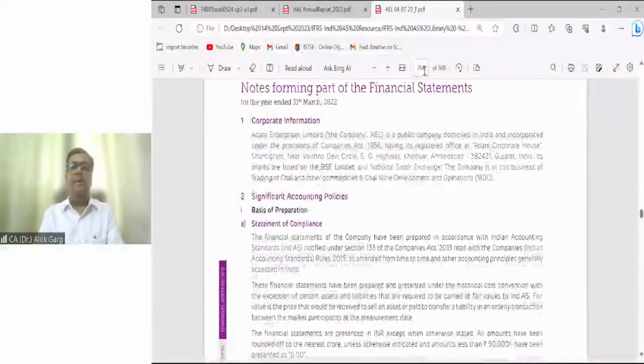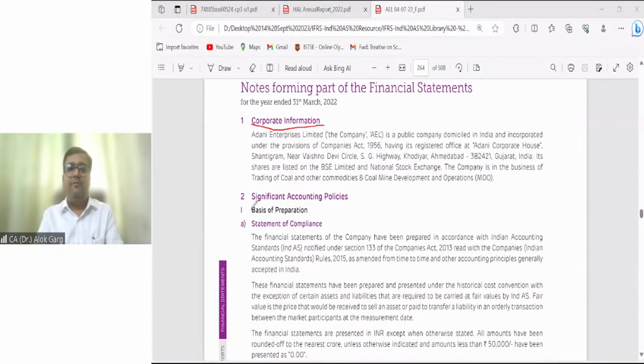You can see that in the notes to accounts, they have started with the corporate information, then basis of preparation, statement of compliance, right? These items they have given.